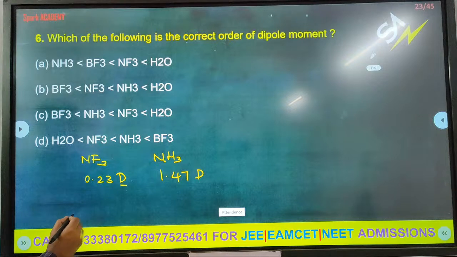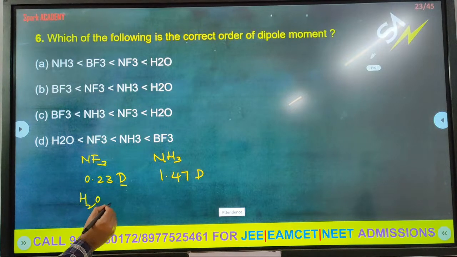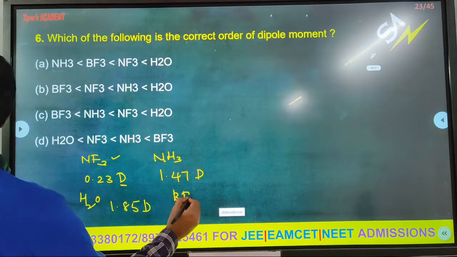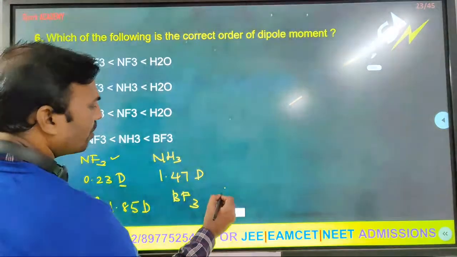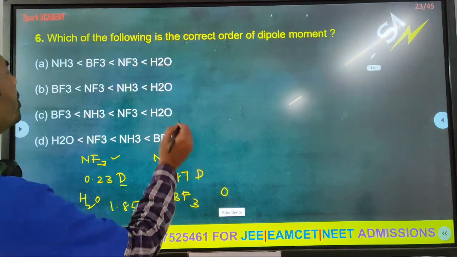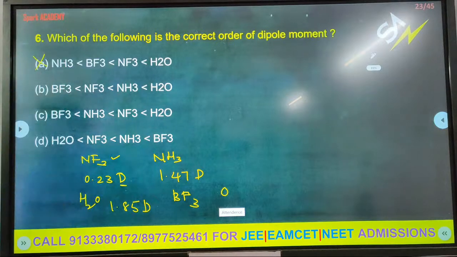Now come to H2O, 1.85 Debye. So NF3, H2O, and what is the last one? BF3, boron trifluoride, its dipole moment is 0. Now see, NH3 contains 1.47 as its dipole moment.